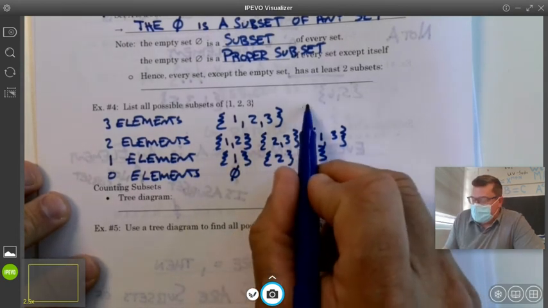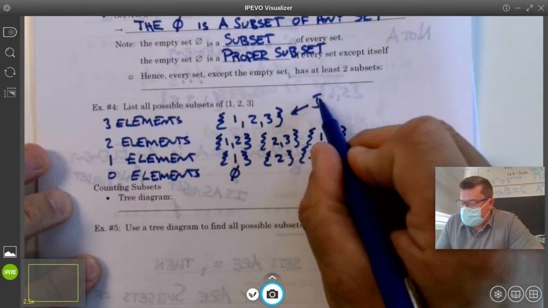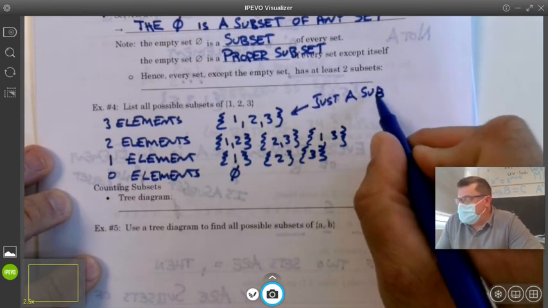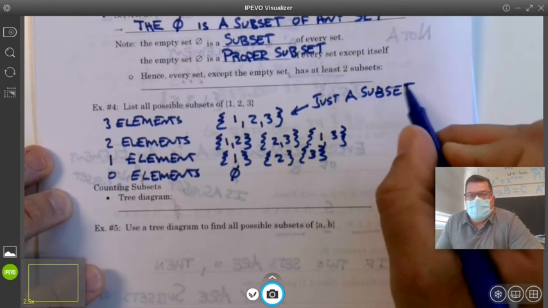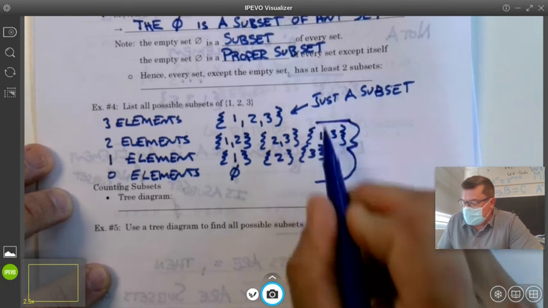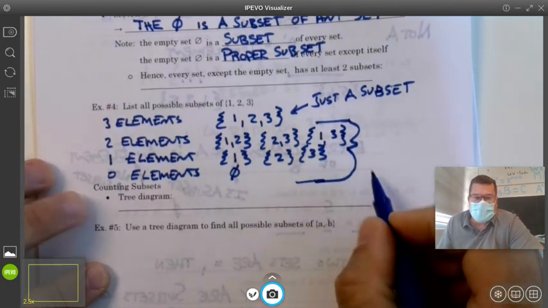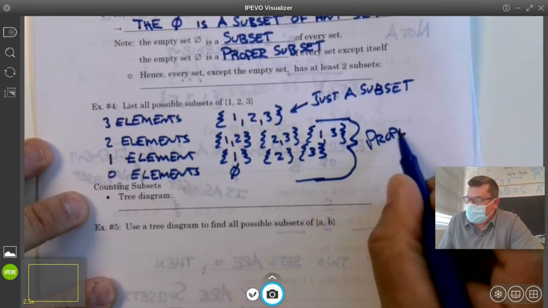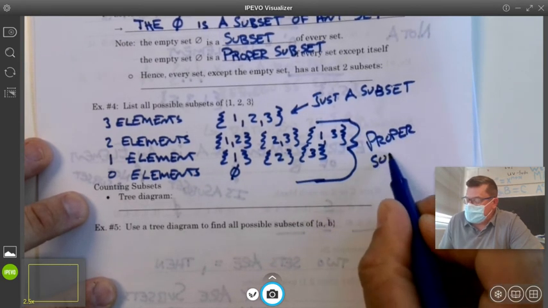This one up top is just a subset. These down below, not only are they subsets, but they have another category called proper subsets.